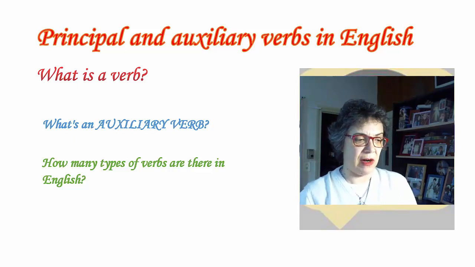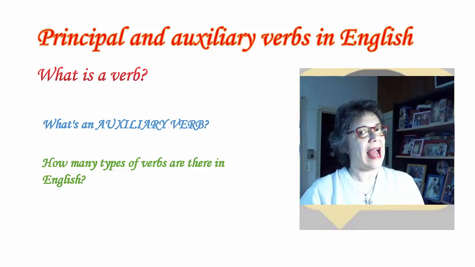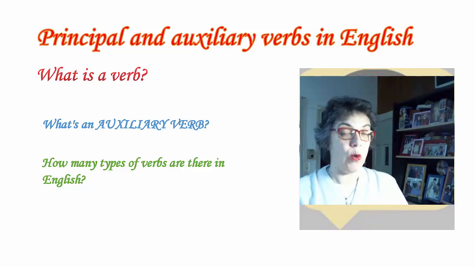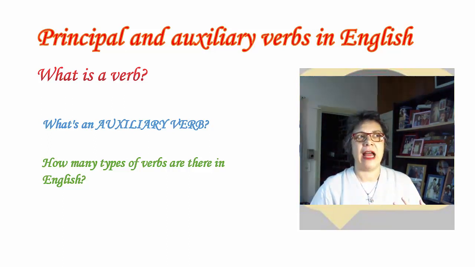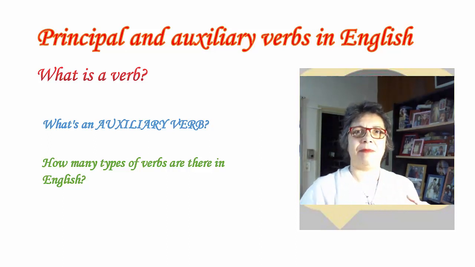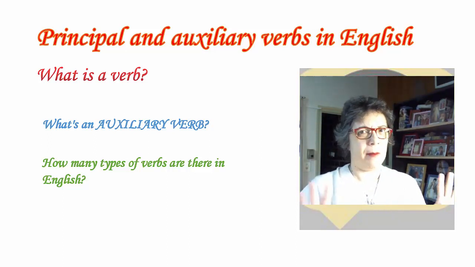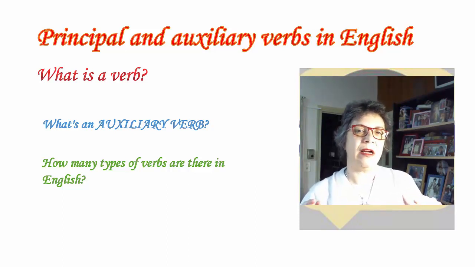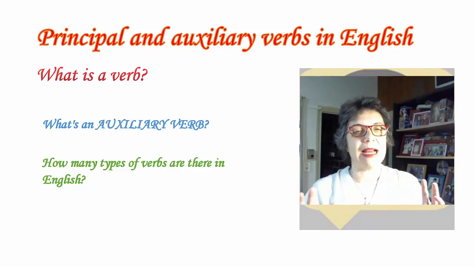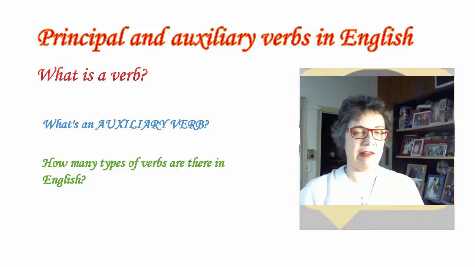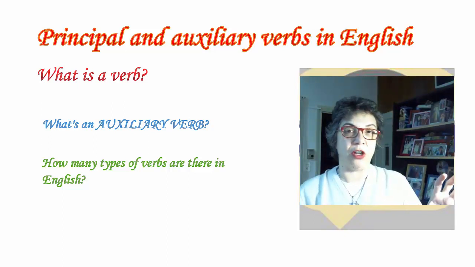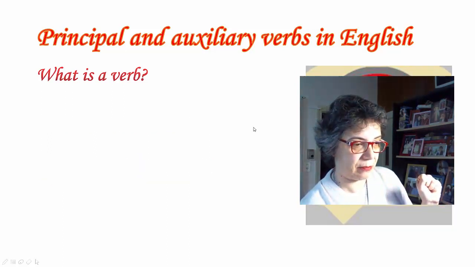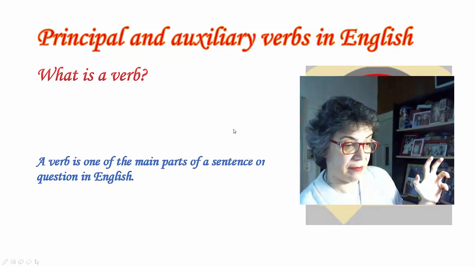How many types of verbs are there in English? Well, actually, we have principal or main verbs, we have auxiliary verbs, and we also have modal verbs. But at this level of the language, elementary level, we are not going to pay so much attention to the modal verbs. So let's focus on main verbs and auxiliary verbs. What is a verb?